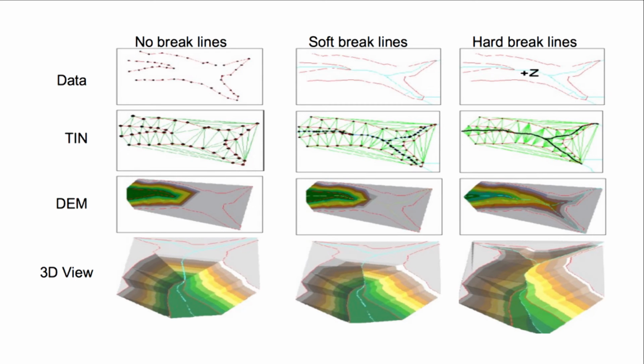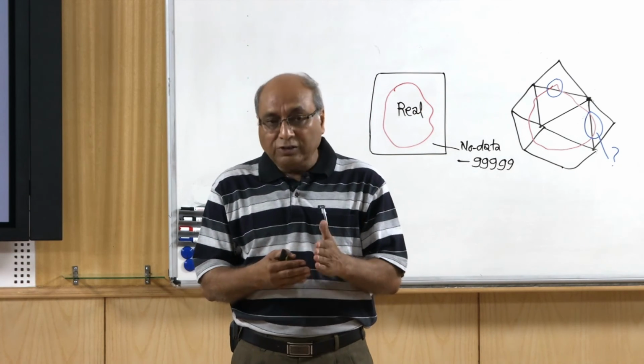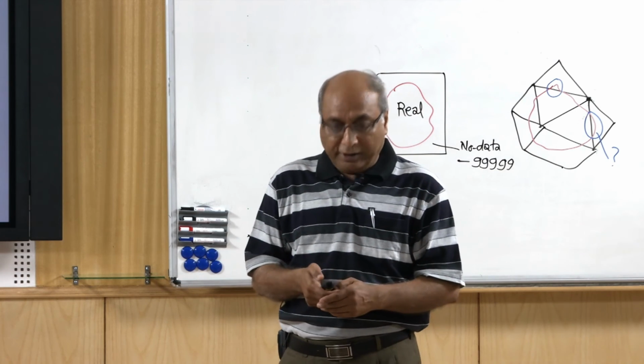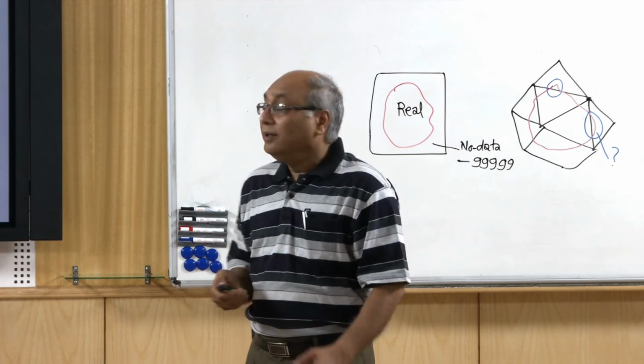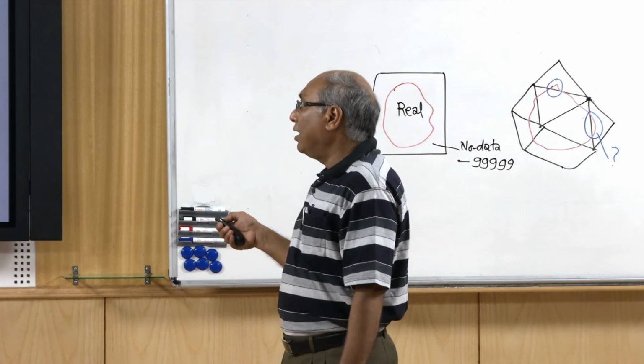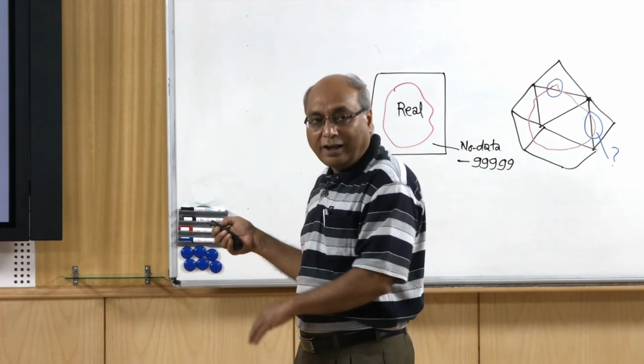Break lines can be ridges, valleys, sharp valleys, or geological structures. When these structures are very prominent and have complete influence or control over the terrain, then we go for hard break line options while creating a TIN or a raster.